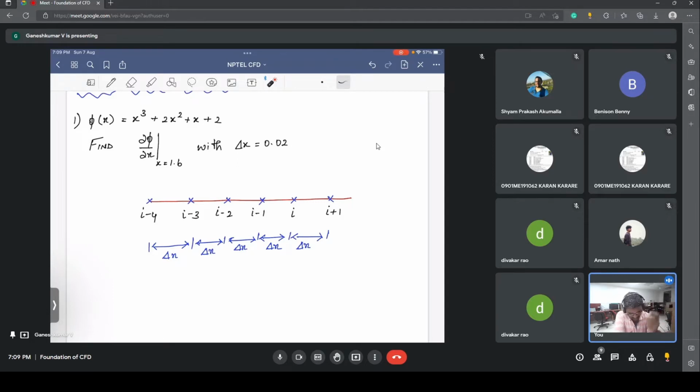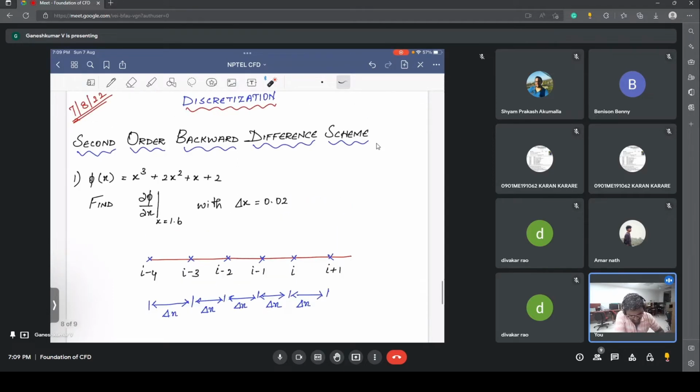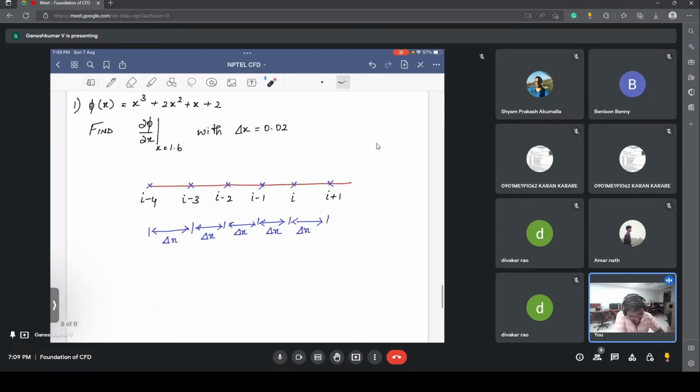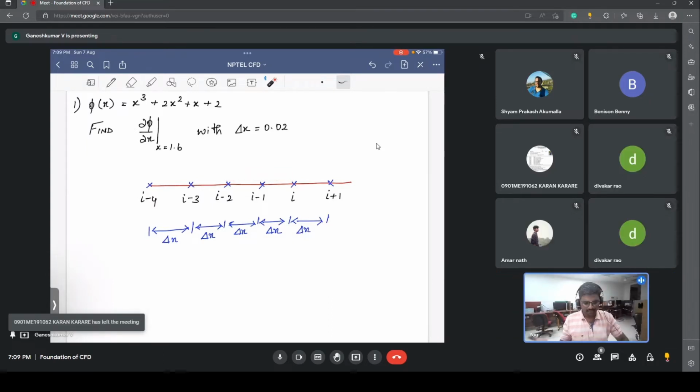Let's stick to backward difference. Let's say I is our point of interest. From I, the backward or negative side is going to be backward difference, and the positive side will be forward difference.